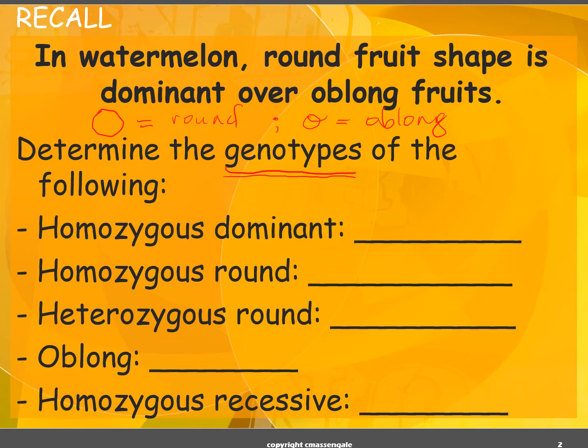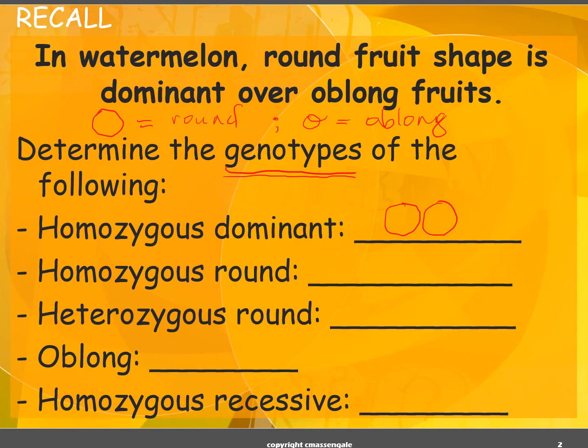However, heterozygous is a genotype composed of two different alleles, so it could be one capital letter and one small letter. Now let's start with homozygous dominant. Take note that our dominant trait is round. So homozygous dominant is represented by capital O and another capital O.